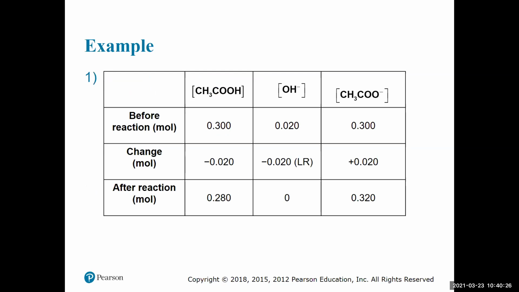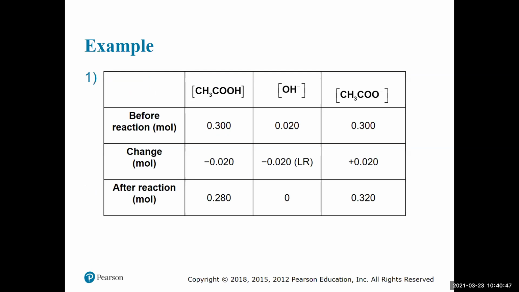Well, we're going to set this up as we normally would with what I'll call our equilibrium table, where we have the reactants and then the products. So acetic acid and hydroxide are the reactants, and acetate is the product.